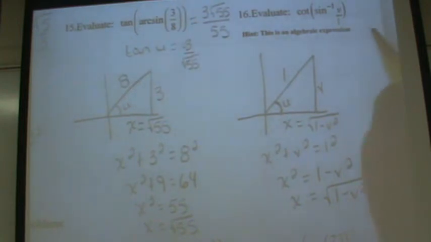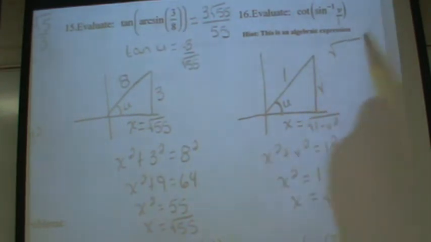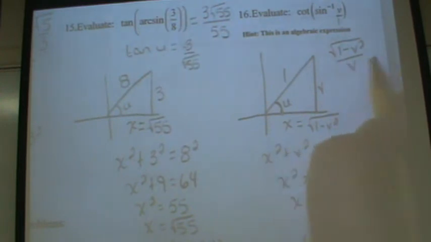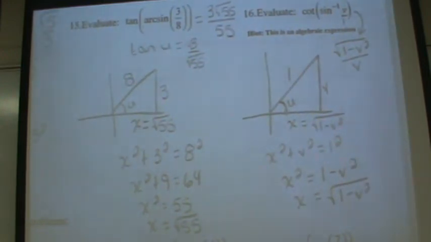So what do we get? So we get the square root of 1 minus v squared over v. Adjacent over opposite. So that is our final answer. Is everybody okay with that one?